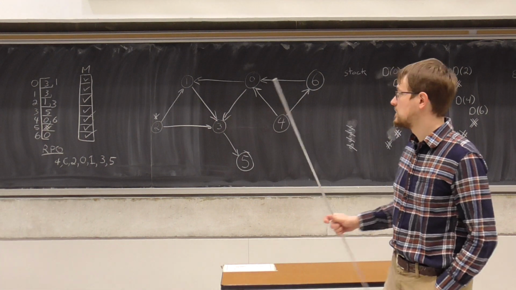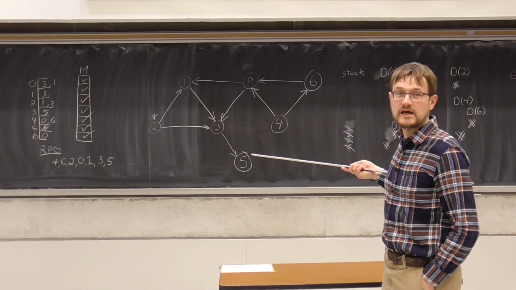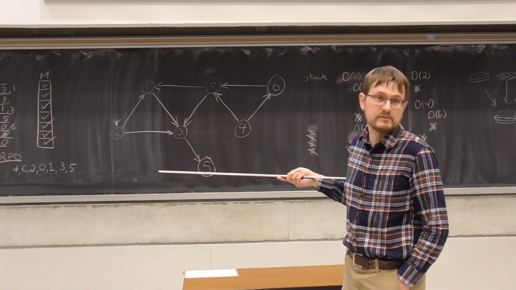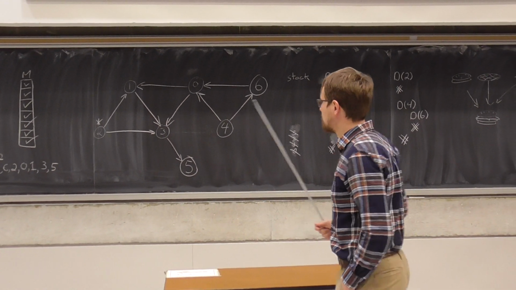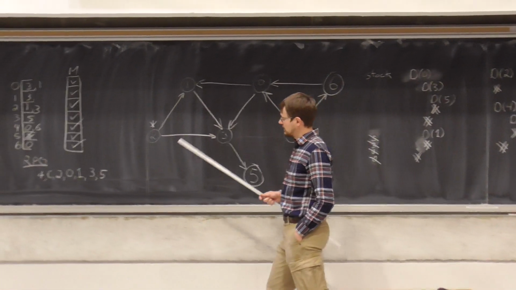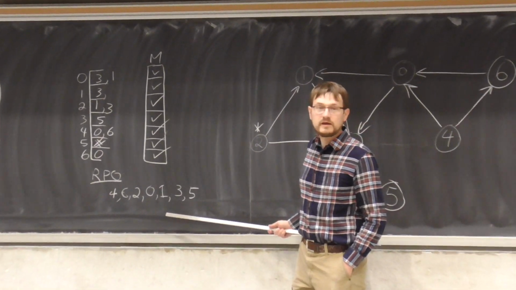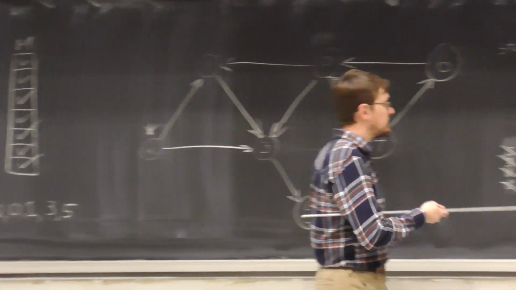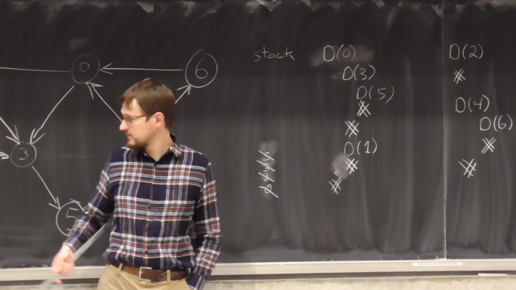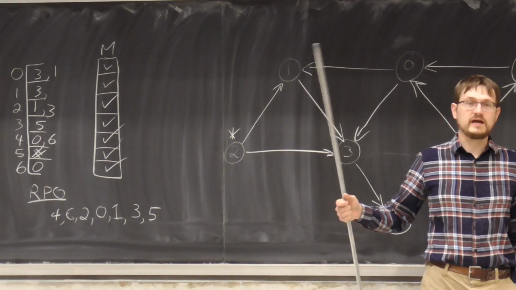So it makes sense to use a list for this as opposed to an array, just from a runtime perspective. But all this is doing is you keep a list, and every time one of these functions terminates, you take that vertex number and you put it at the head of the list.